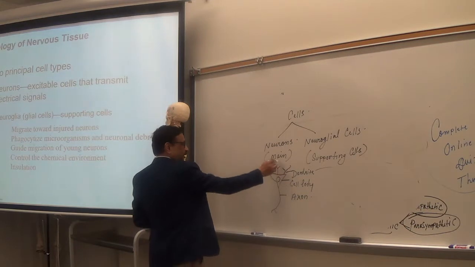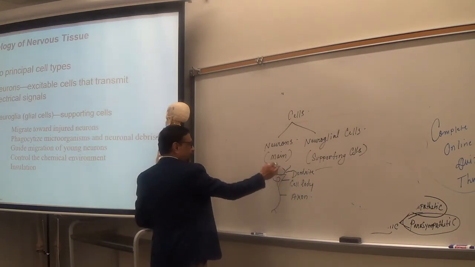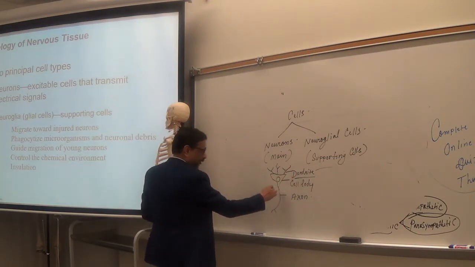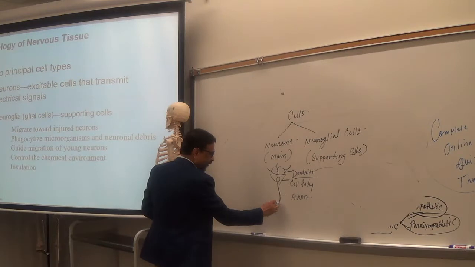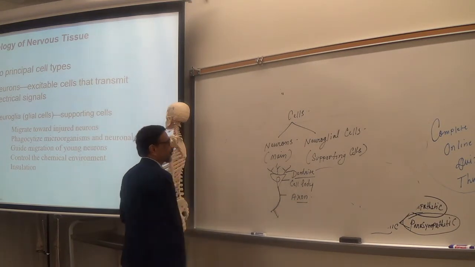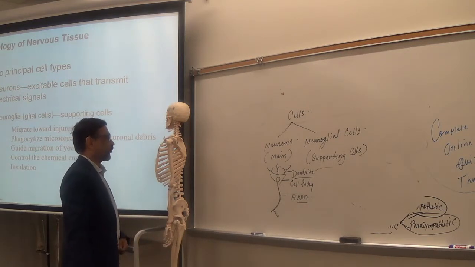From one side of the cell body, multiple short branching processes arise, and those are called the dendrites. From the other side, a long single process arises, and that is called the axon. Okay, so that is the neuron.